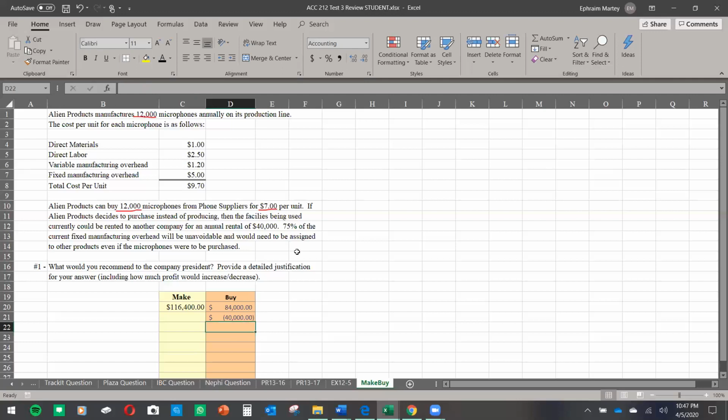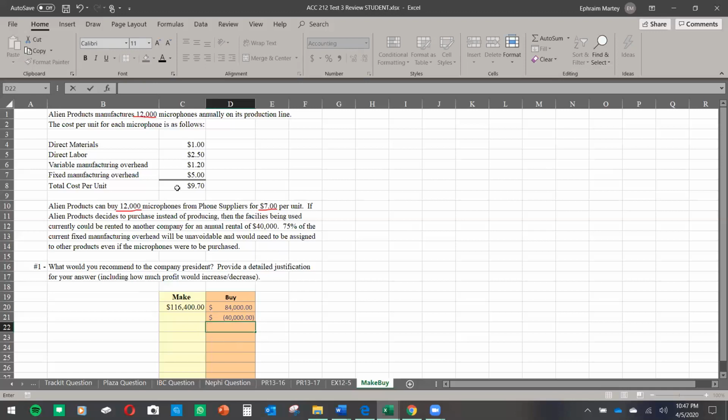But it also says 75% of the current fixed manufacturing overhead will be unavoidable. So no matter what, they will still spend 75% of the fixed manufacturing overhead.